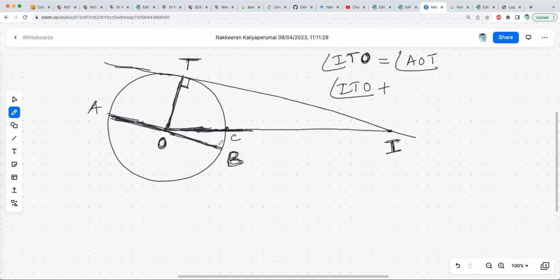Okay, so that means the diameter, this one you are saying. No, uncle, angle BOT, this side. These two should add up to 180. Why should they add up to 180? Because co-interior angles should be supplementary for two parallel lines.